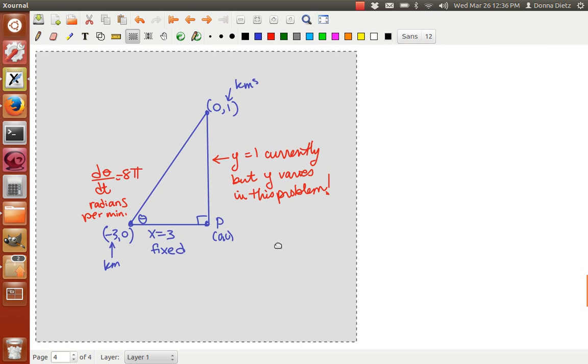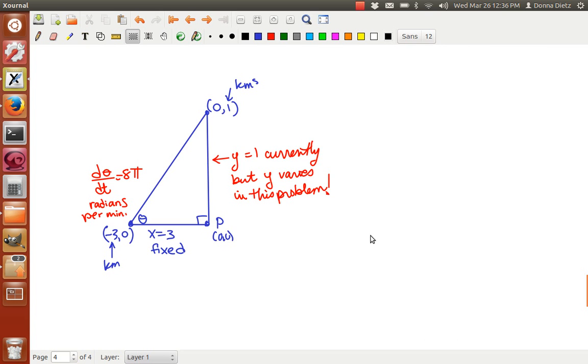Now I want to analyze what's going on, and what we have is tangent of theta. So remember what we did in class. We said if you have a right triangle, and you have one leg and want the other, you use tangent. So if you have a leg, want a leg, use tangent or cotangent.